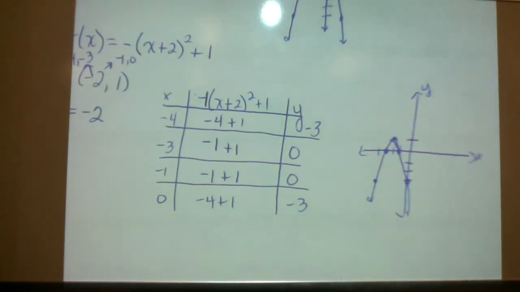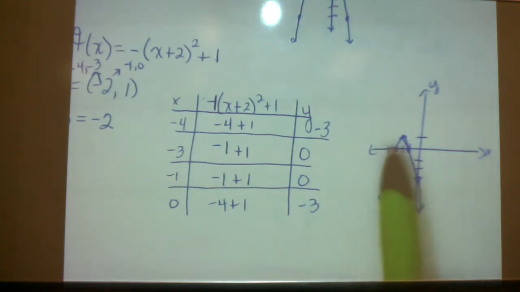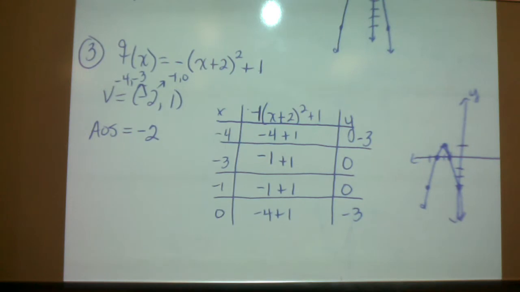Make that as curvy as we can. It's not that great. And again, because this is a negative, I knew my graph was going to be opening downward. So I've got my graph, I've got my vertex, and I've got my axis of symmetry. We're going to do one more.